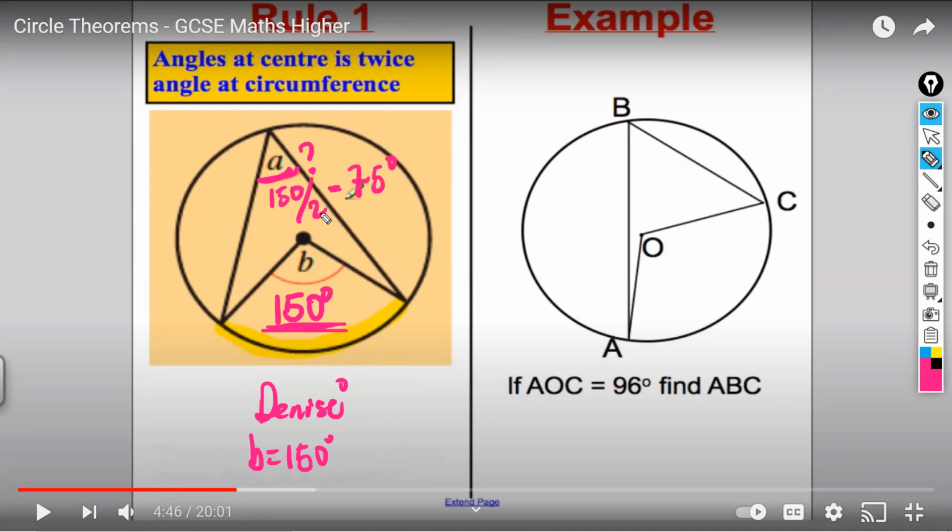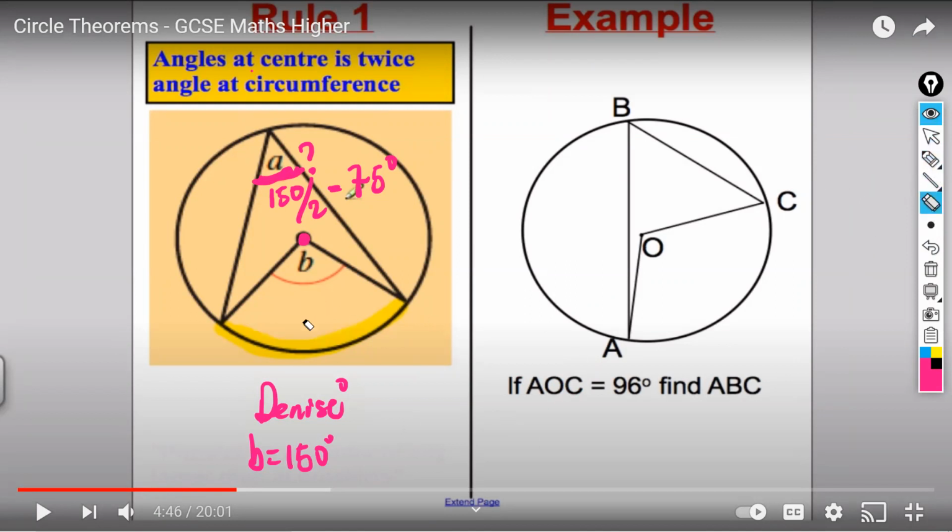Make sense? Make sense, Denise? So the angle at the center, which is 150, is twice the angle at the circumference. So the one here at the edge, guys, is always half the one in the middle. Make sense? The one in the middle is always 2 times the one at the edge. Denise, don't worry, you're going to get another example.